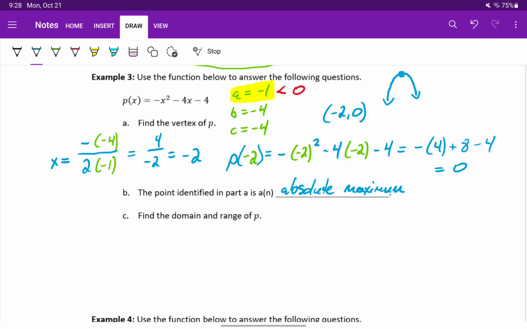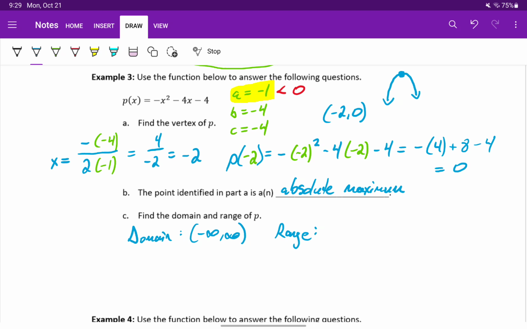So we find our vertex, look at our a value. Since it's negative, we know the graph is opening down, and we have an absolute maximum. Since this is a parabola, because we have a quadratic function, we know the domain is unrestricted. We just need to think about the range.